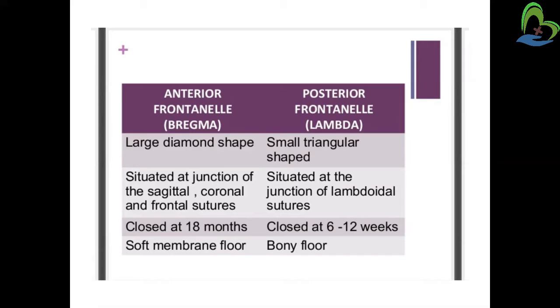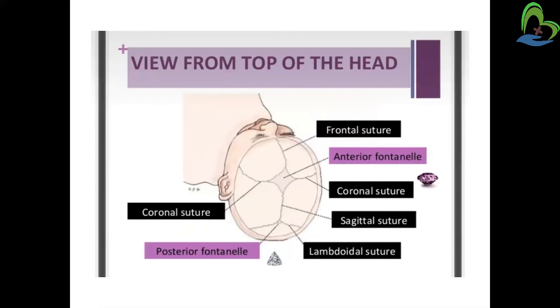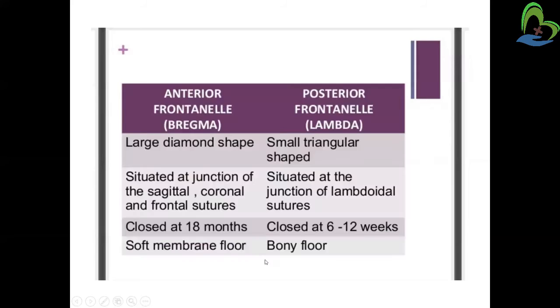So the anterior fontanelle looks like a large diamond shape, while the posterior fontanelle looks like a small triangular shape. We already discussed that here. See, this is the anterior fontanelle, which is diamond shaped, and the posterior fontanelle in a triangular shape. So that is the main difference between the two.